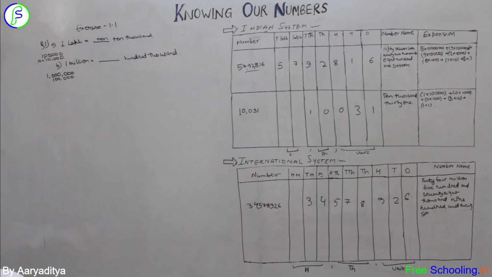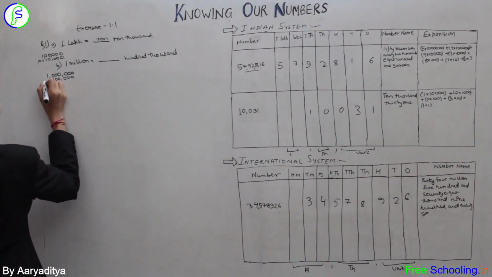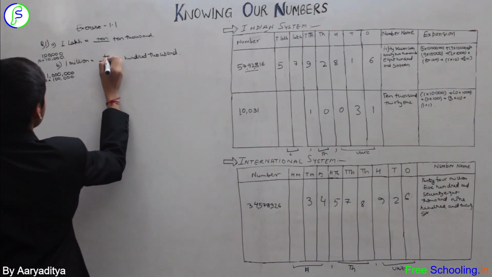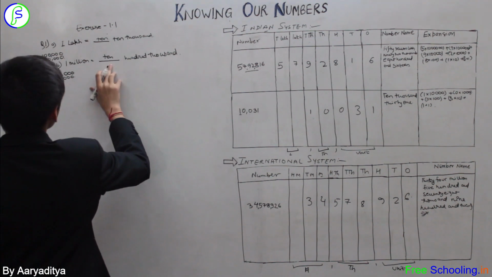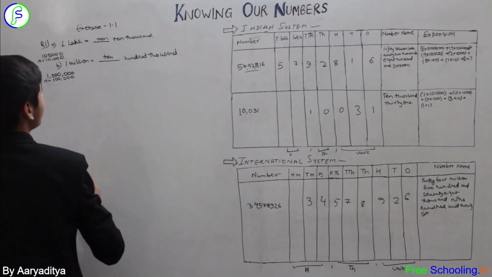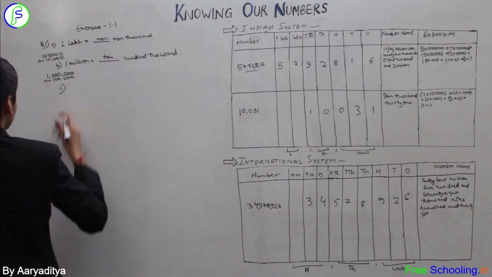Now what do we get to see here too? That if you multiply 10 to 100,000, we would get 1 million. So if we write 10 as the answer, when 10 is multiplied to 100, we get 1000, and when 1000 is multiplied to 1000, we get 1 million. So 10 is the correct answer.